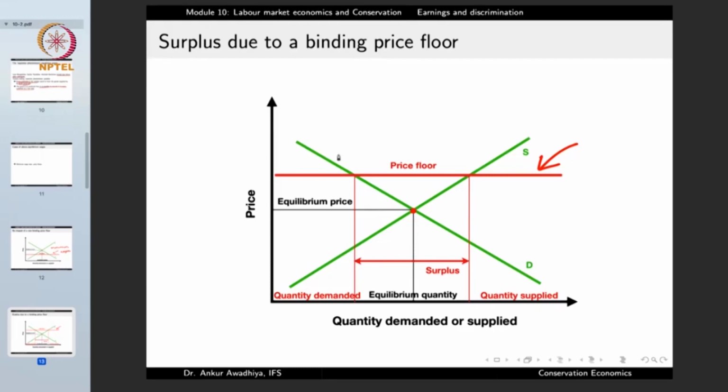So quantity demanded is given by this point where the demand curve is intersecting with the price floor curve, and the quantity that is supplied is given by this point where the supply curve is intersecting with the price curve. And in that case, we will have a quantity demanded that is less and a quantity supplied that is more, and we will start to observe a surplus in the market.